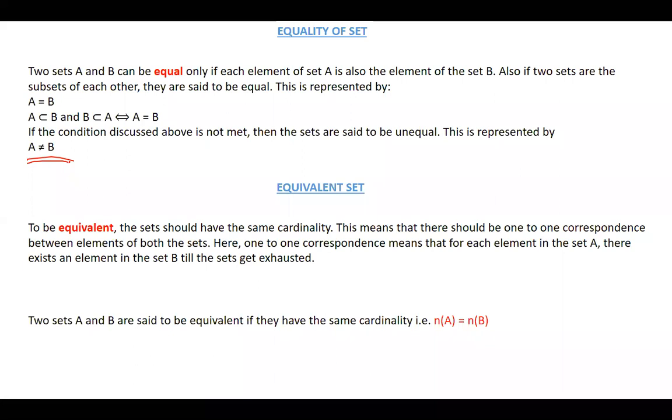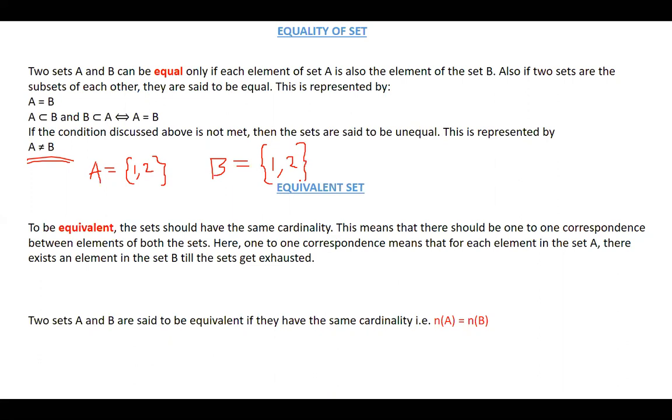But when you talk about equal sets, let's take for instance, you have A and B. We have 1, 2 in A, then we have 1, 2 in B, like that.